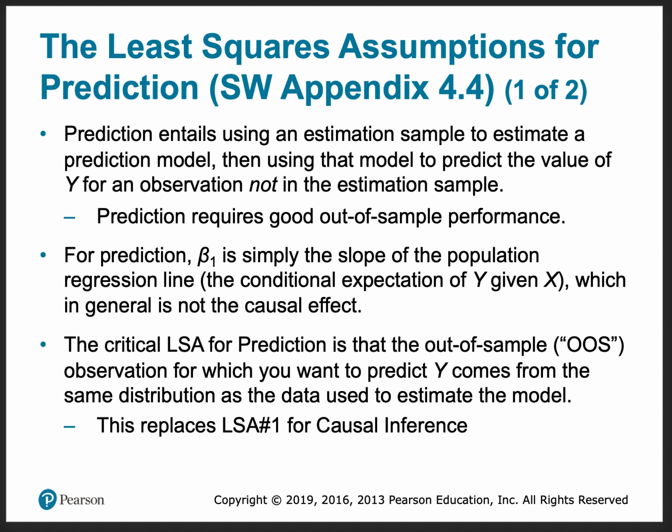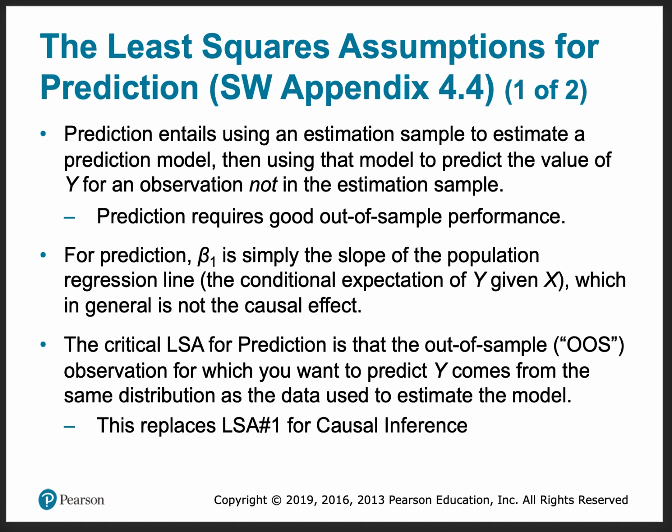An example of prediction might be estimating the relationship between test scores and student-to-teacher ratios for Southern California. You would get an OLS estimate of the slope and intercept, and then use that estimate of the slope and intercept for the linear relationship between test scores and the student-to-teacher ratio to predict different test scores in Northern California based on the student-to-teacher ratios for districts in Northern California.